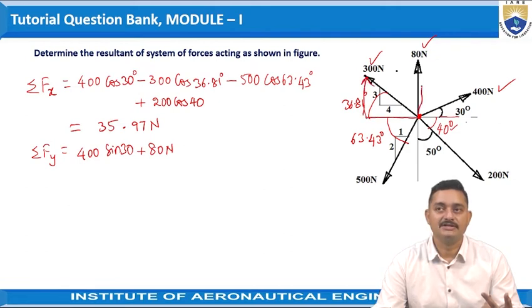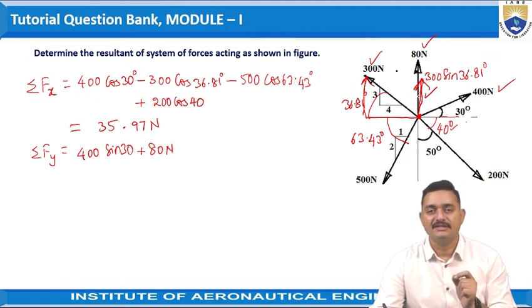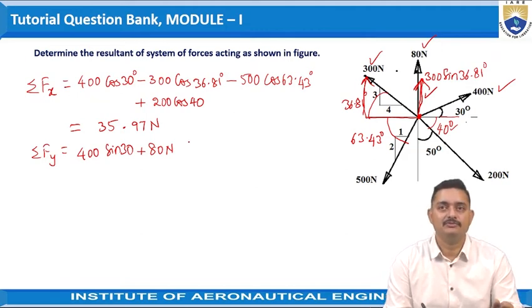Hence we can consider it as 300 sine 36.81 degrees. This would be your positive component, that is the vertical component of the force, and also it is acting in the positive y-axis direction. So we can take it as a positive force. So that would be plus 300 sine 36.81 degrees.